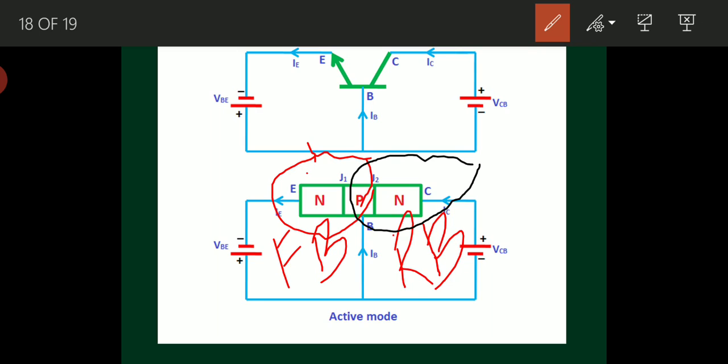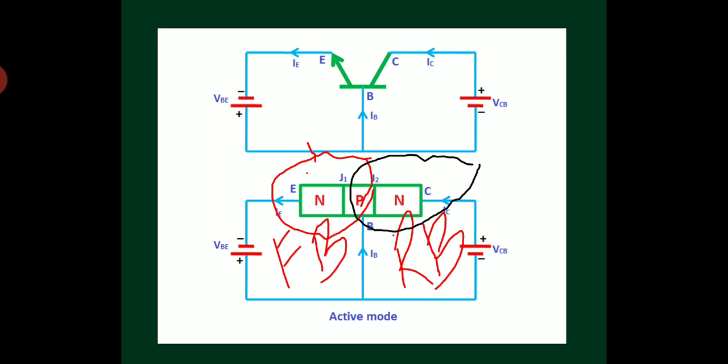Here one diode will be forward biased and the other diode will be reverse biased. Therefore, the active mode of operation is used for amplification of current. Make a note that if I make the input junction forward bias and the output junction reverse bias, then the transistor works in active mode.